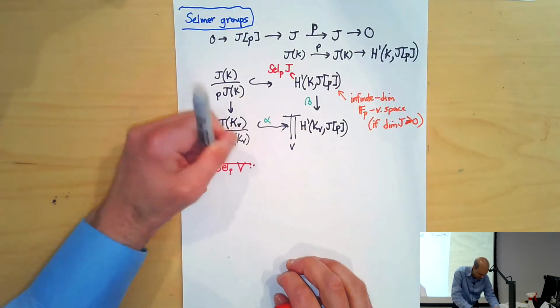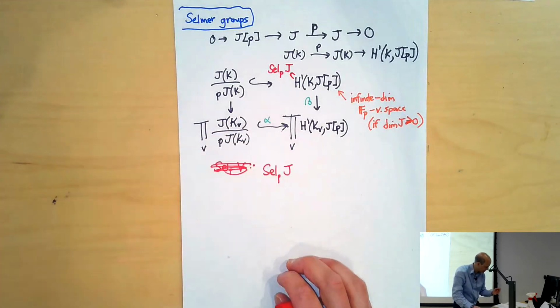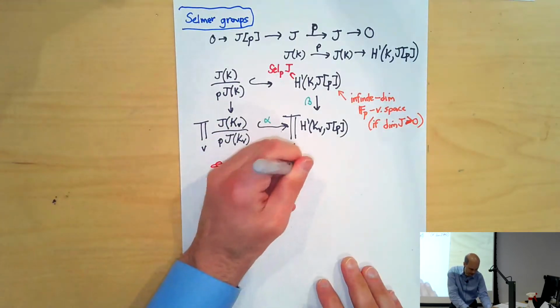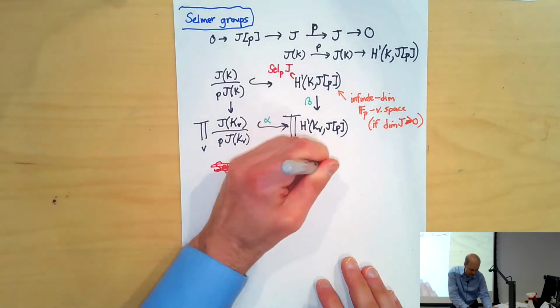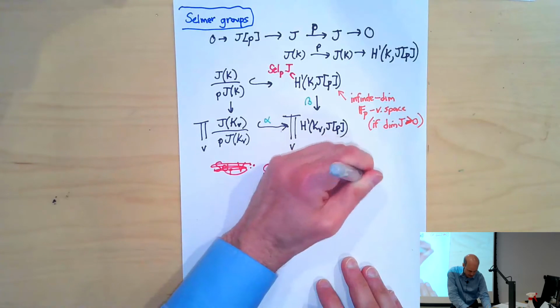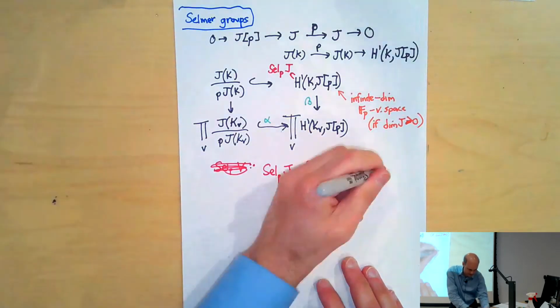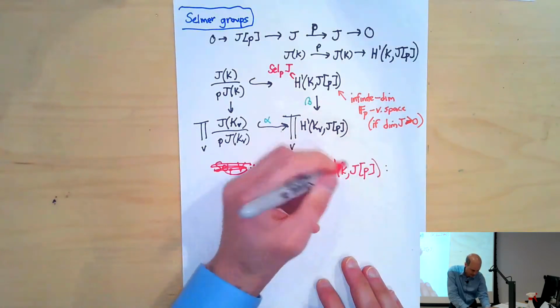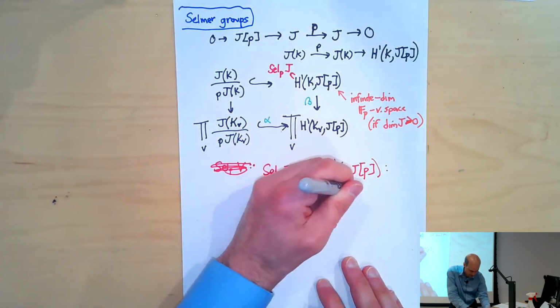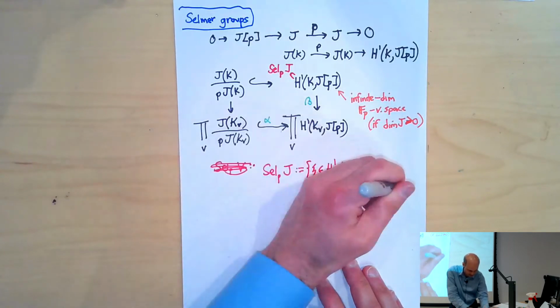Sorry, the Selmer group of J. By definition, it's the set of cohomology classes such that when you map them down, you land in the image of the local points.